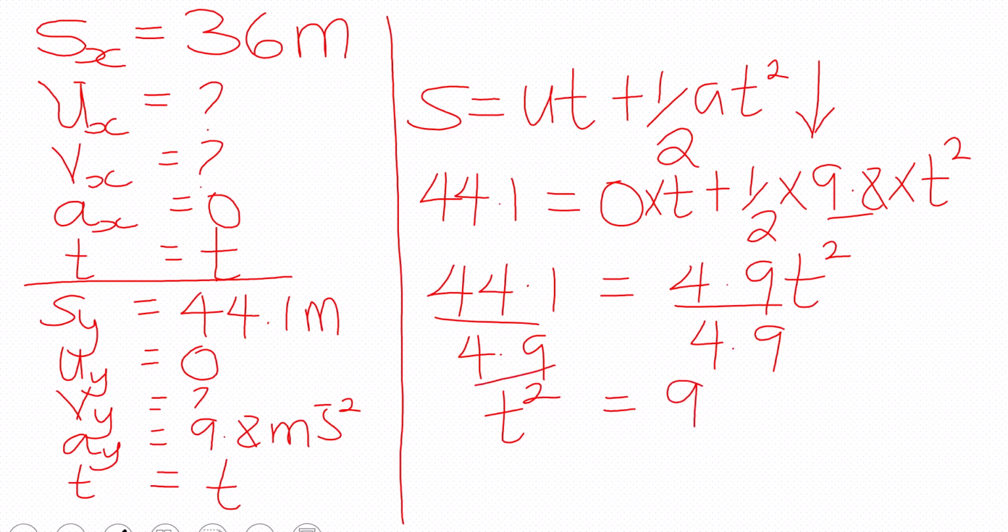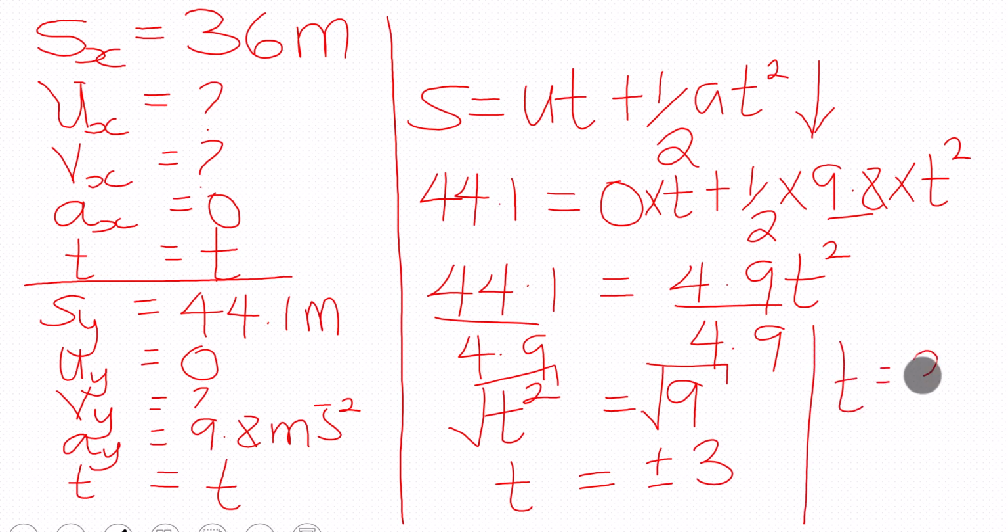And then when we take the root both sides, we shall have our t equal to plus or minus 3. And finally we disregard the negative and our t will be 3 seconds. I think you can see how simple life is when you're dealing with projectiles. As long as you know how to manipulate the 3 equations of motion, you're good to go.